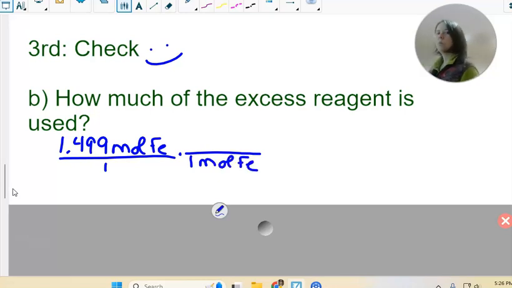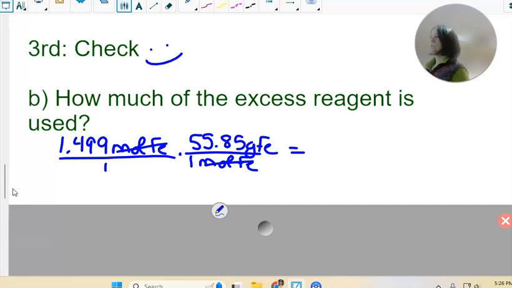And then we know our molar mass is going to go on the top, which I believe is 55.85. Great. 55.85 grams Fe. Our units cancel. And then you want to do this calculation and figure out the grams of iron.